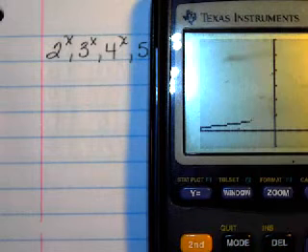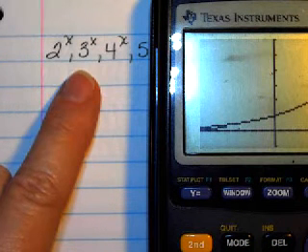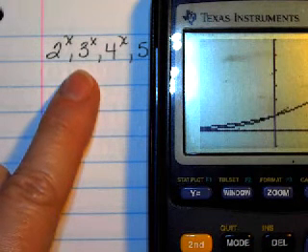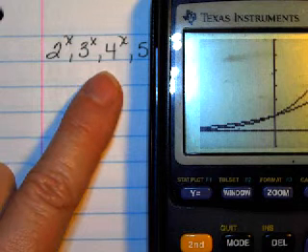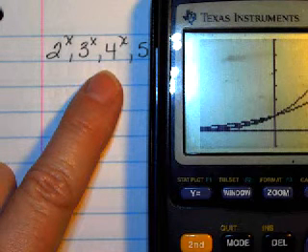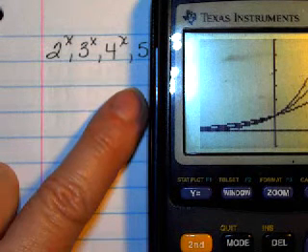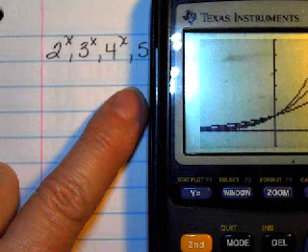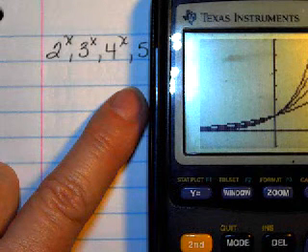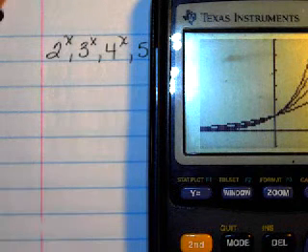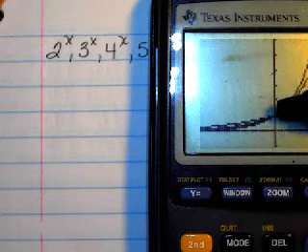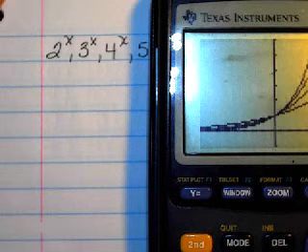So if we graph them, there's 2 to the x, then there will be 3 to the x, then there's 4 to the x, and then there's 5 to the x. Okay. Now, what point do they all have in common? Well, it looks like they all go through that point right there of 0 and 1.